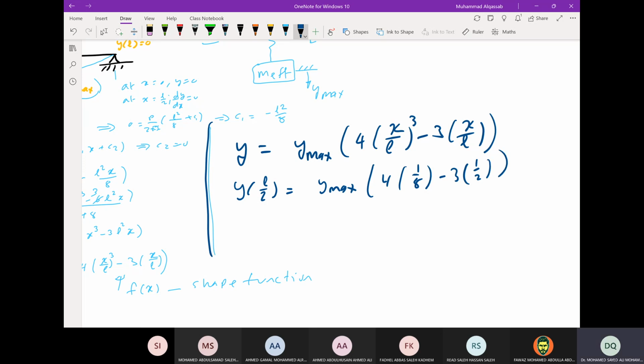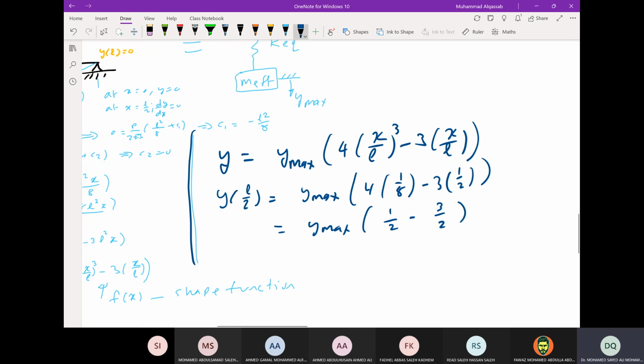Okay, so this will be 4 over 8 is 1 over 2, and minus 3, this will be y maximum times 1 over 2 minus 3 over 2, and when we subtract, we get minus 2 over 2, becomes minus 1. So it means there is a minus here, because downward we will take it positive.